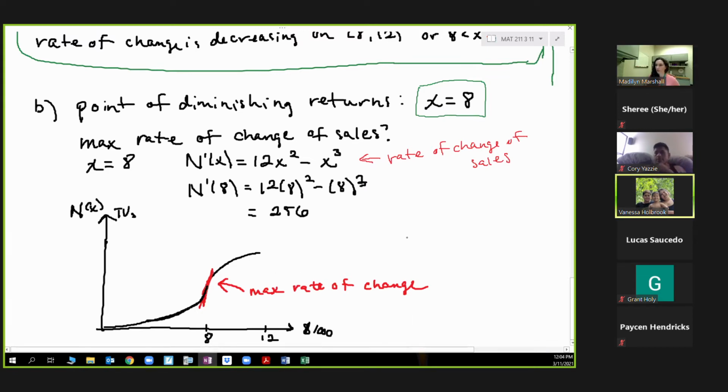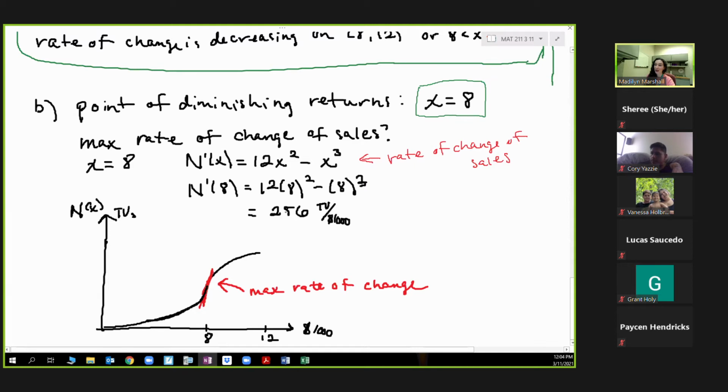Other way around. Okay, 256 TVs per $1,000 of advertising. All our units of a rate of change are always the units of our y divided by our units of x.